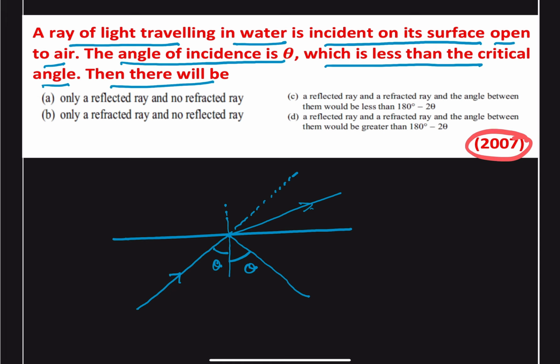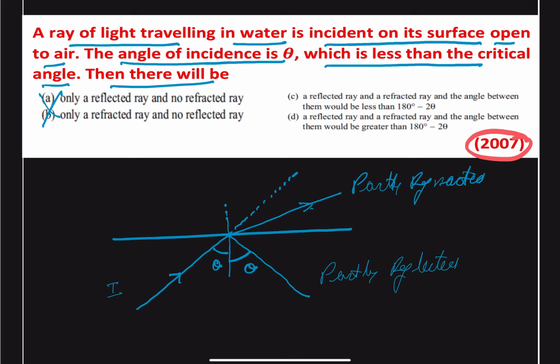So this is our incident ray, this is partly reflected, and this is partly refracted. So obviously option A and B are not correct.